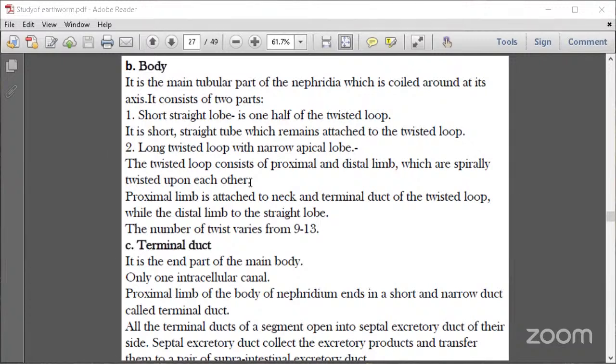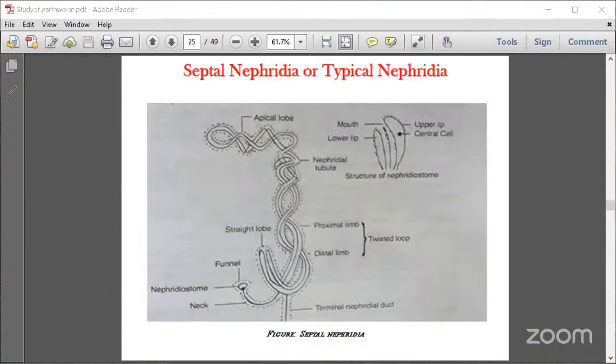The twisted loop consists of a proximal and distal limb, which are spirally twisted upon each other. You already have seen that structure, no? This one. We are talking about the distal limb and proximal limb and the twisted loop that is interconnected with the straight loop.